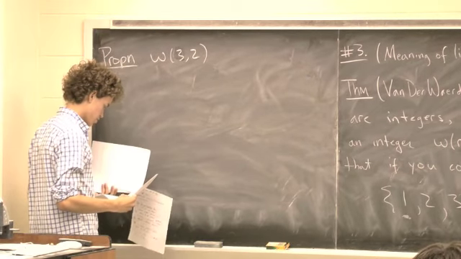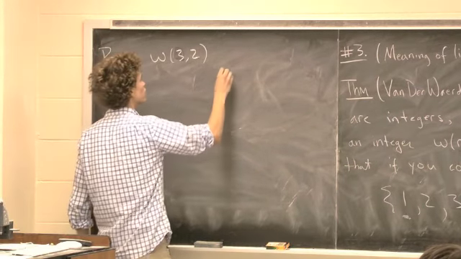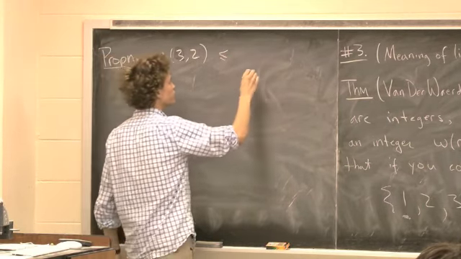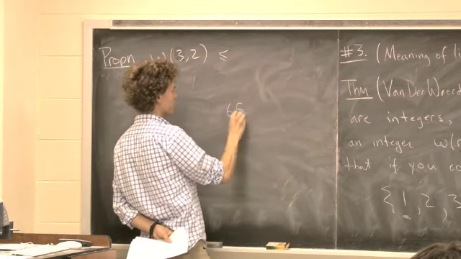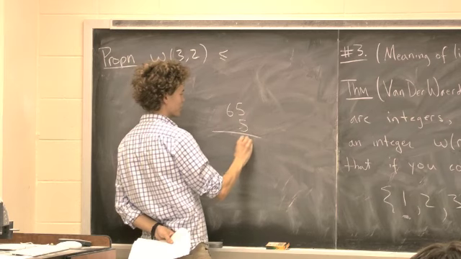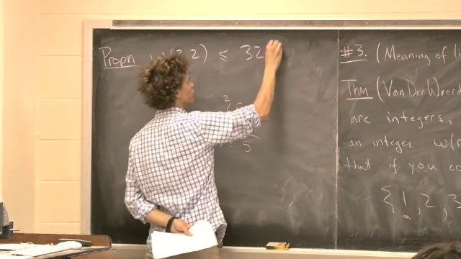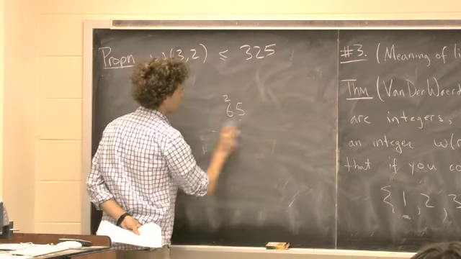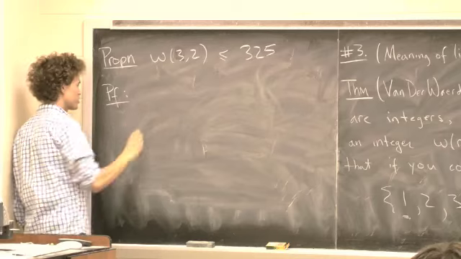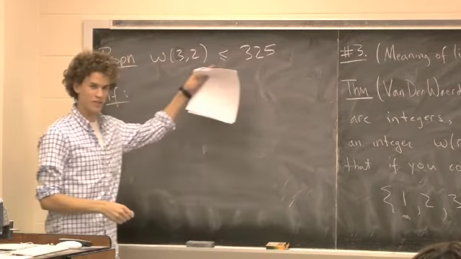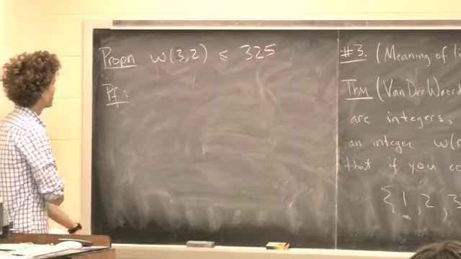Didn't write down the bound. Okay, let's say 5 times 65 is what I said in the lounge. Hopefully that's right. 65 times 5, 325. Okay. All right. It's always fun when you remember the proof but you don't remember the statement. This will happen to you as you get older.